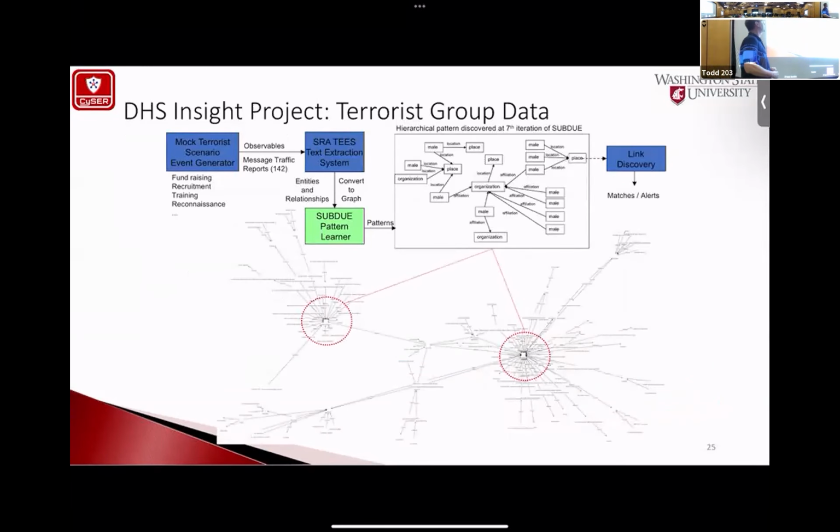And so another project we did, again, a lot of our projects are basically finding groups of good people and bad people and trying to figure out how to tell them apart. So here's a couple of terrorist networks. I think this is Al-Qaeda, maybe.